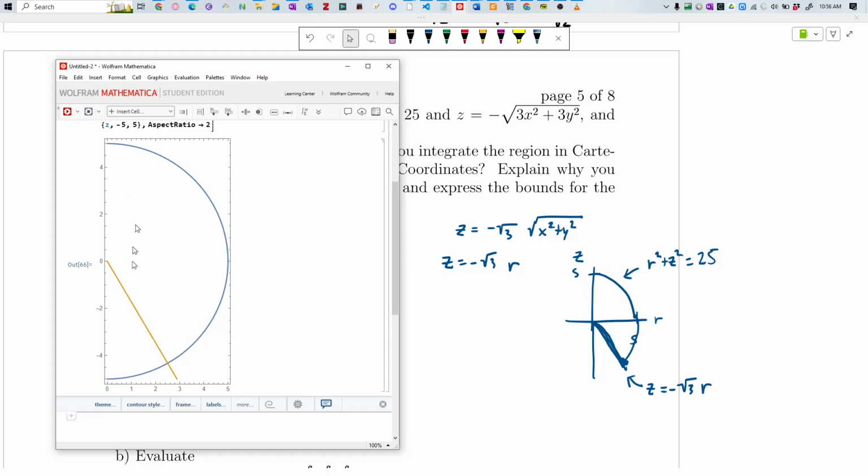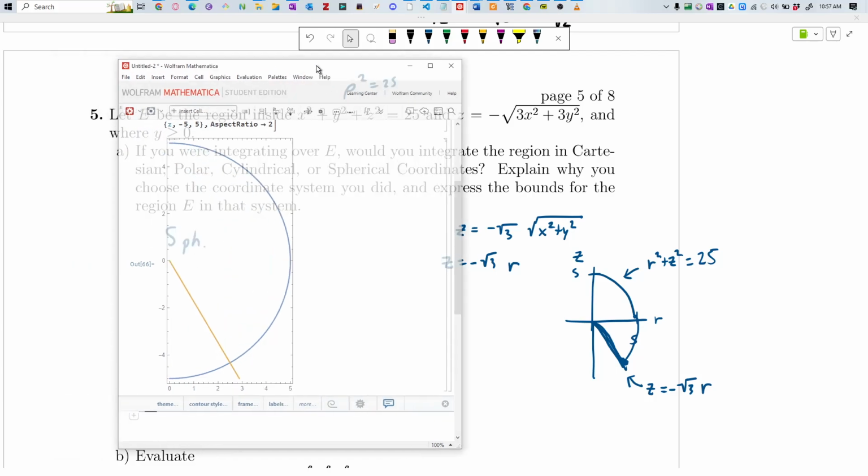So this is not something I would want to describe in cylindrical. Maybe you'd have to cut the integral at whatever this value is for r, because that's where you have an upper function defined by the circle and the lower function defined by the line. But then there's a change in the behavior over on this end.